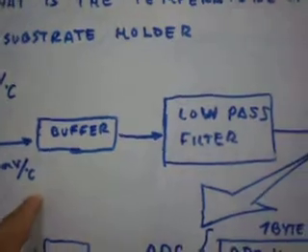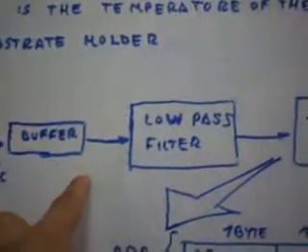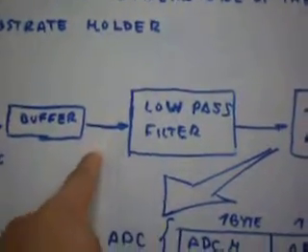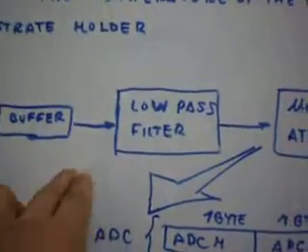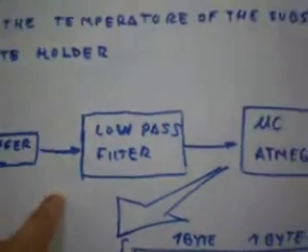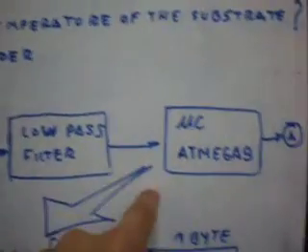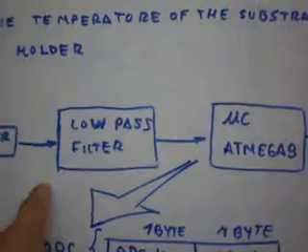Now this signal is going to pass to a buffer, to obtain a similar value and avoid losing value. For this reason, I put this buffer, and it's going to pass to a low pass filter. Why was this low pass filter necessary?